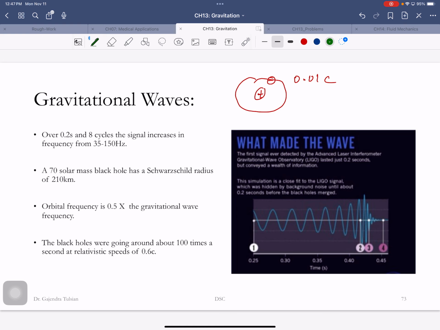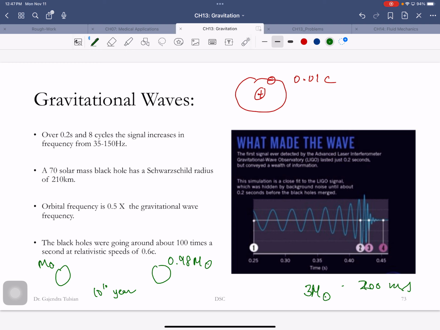Here's our sun. In 10 billion years it'll lose about 2% of its mass. This one event emitted 3 solar masses in 100 or 200 milliseconds, essentially.